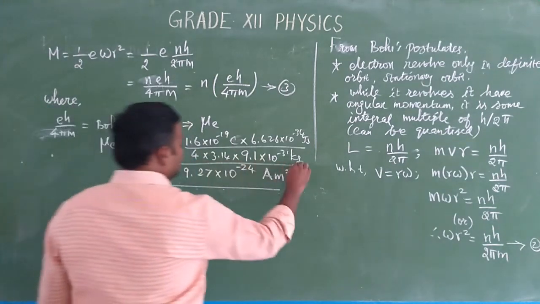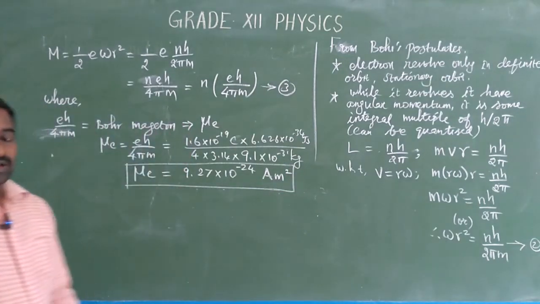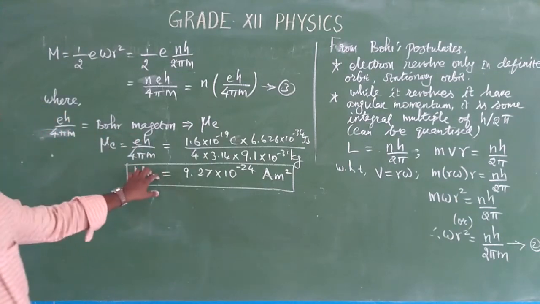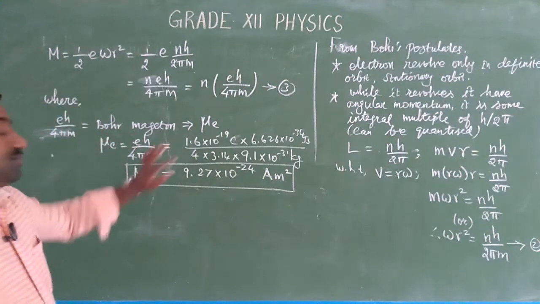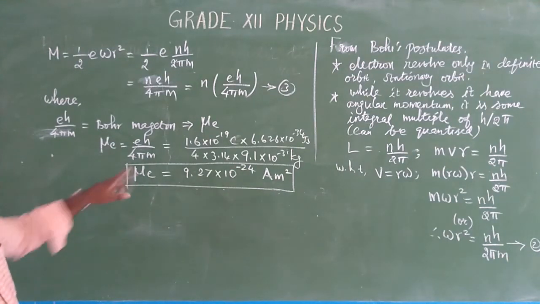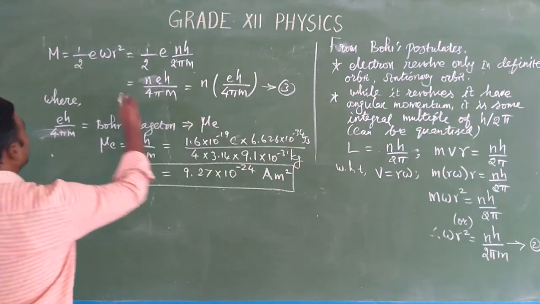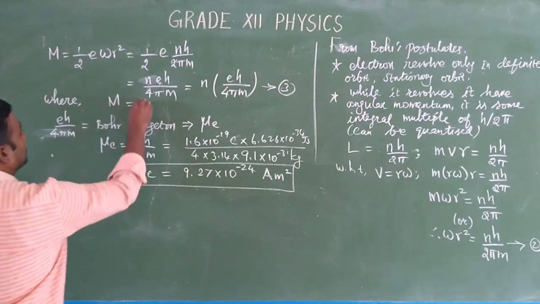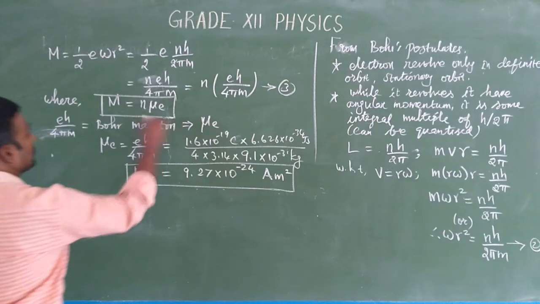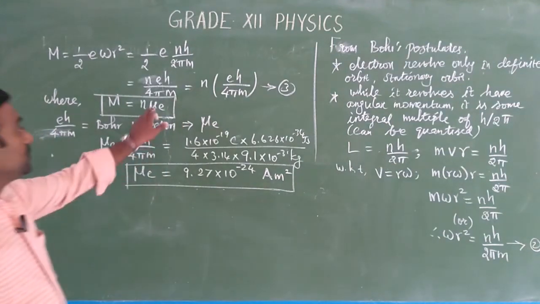Okay, so we obtained the value of Bohr magneton, but this is the least value of the atomic dipole moment. So this Bohr magneton is the least value of the atomic dipole moment. So this equation we can modify: M is equal to n into mu e, where mu e is the Bohr magneton.